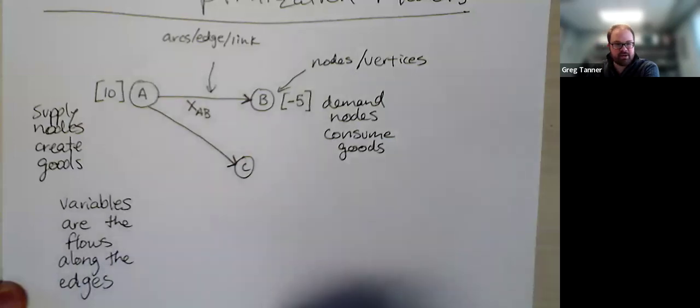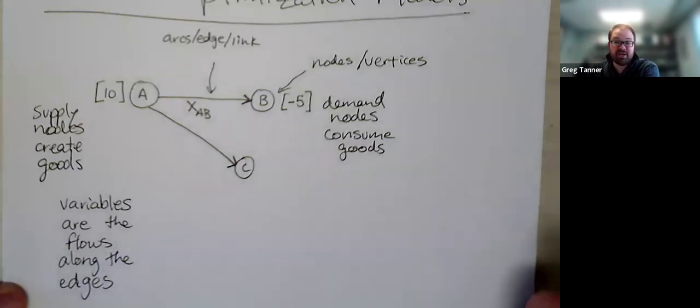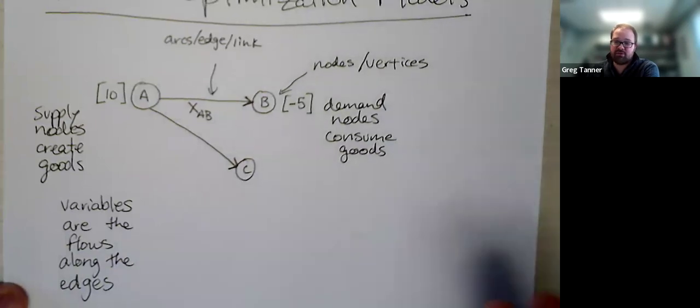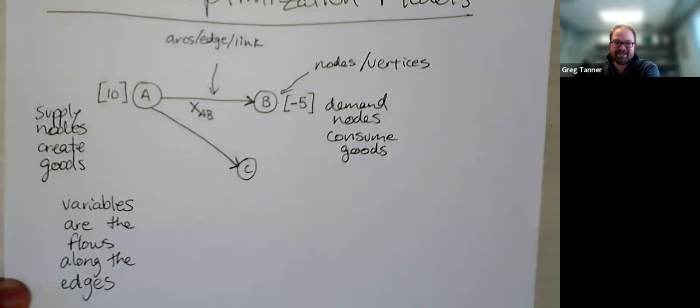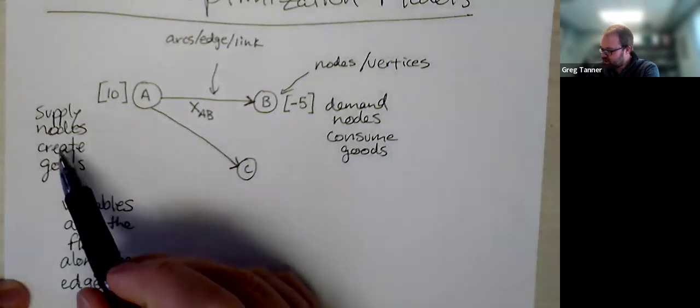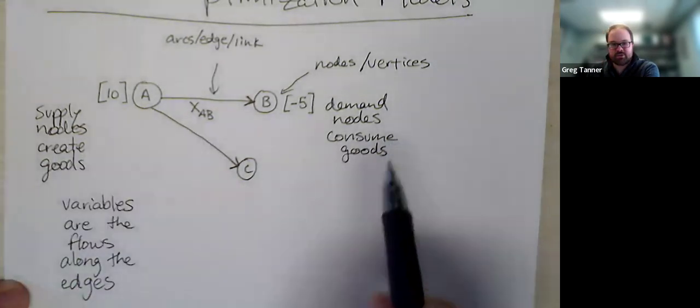And in our standard example, that's the flow of goods, but it doesn't have to be the flow of goods. It can be the flow of money or just about anything. A lot of times it's not even quite what you'd consider a flow, but by clever use, you can come up with a network model, even in scenarios where it doesn't quite fit the example of supply and demand. Okay, so we've got supply nodes that create goods, demand nodes consume goods.